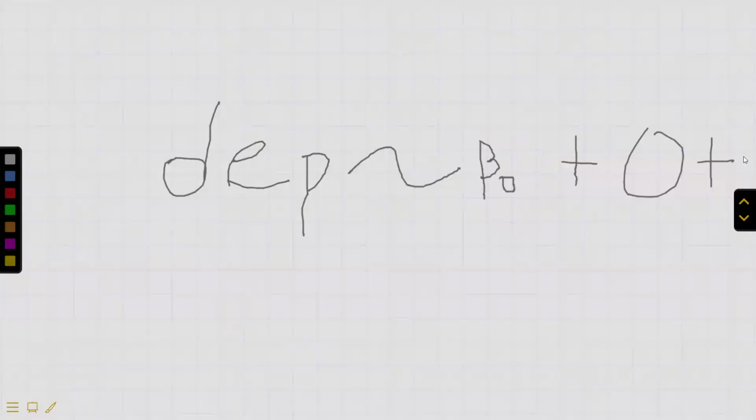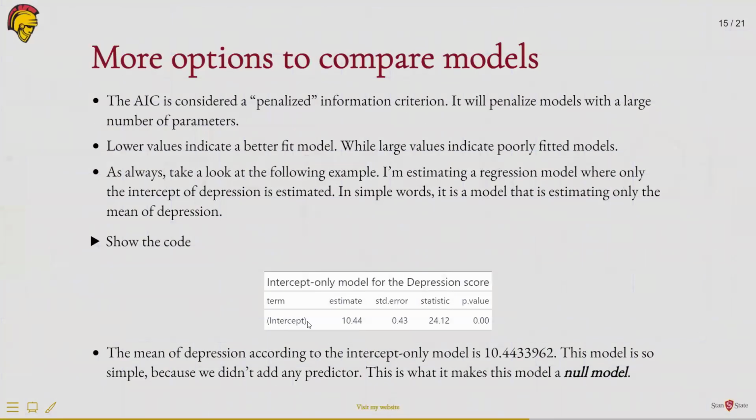The rest of the terms are 0. That means that we don't have any predictor in this model. So that's why in this table you see only an estimate for the intercept. And remember, when we estimate only the intercept in the regression model, that corresponds to the mean. It's just the average value of depression. So this table is telling me that the average value for depression is 10.44, right? That's the average score for the overall sample. And that's it. I'm just getting the mean.